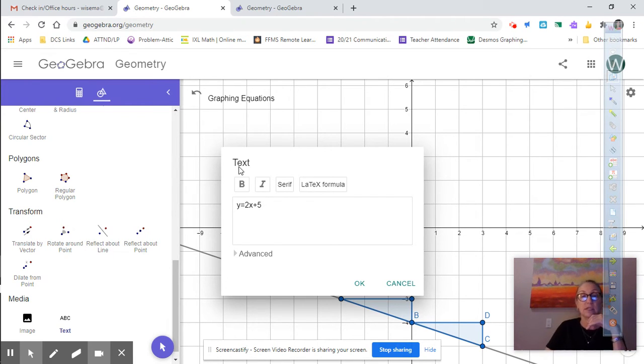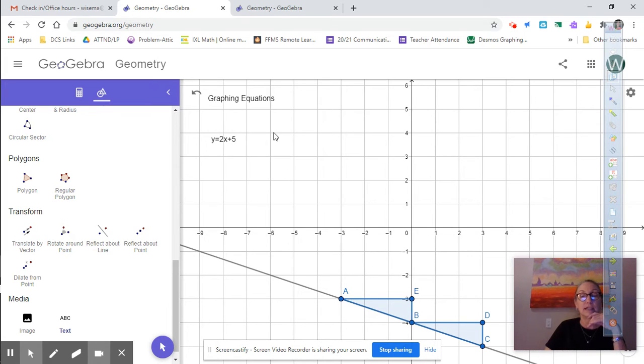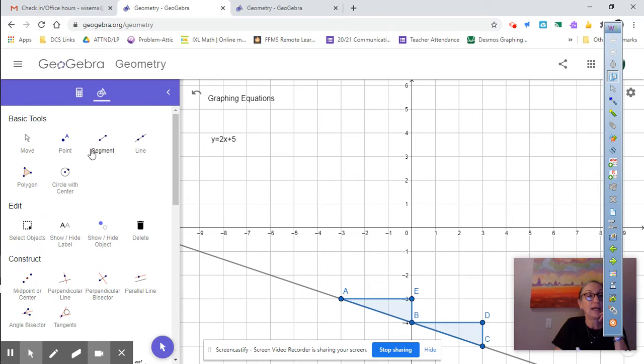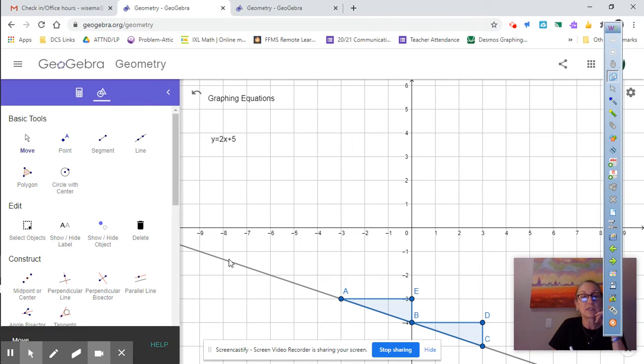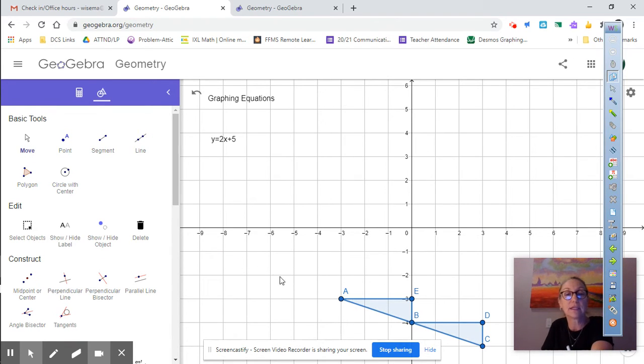Okay, and say okay. And that's my equation. Once again, I'm going to delete this line that I had, just to get it out of our way. So let's just delete that and delete all this mess here because I want that to go away.